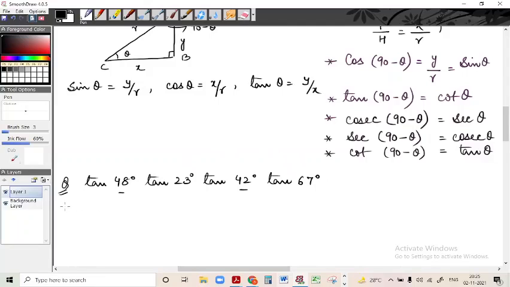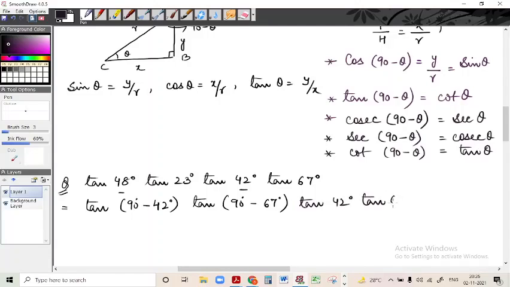So what we will do, we can write tan 48 as tan (90 minus 42), and tan 23 can be written as tan (90 minus 67). Okay, so here tan 42 will remain as it is, tan 67 will remain as it is.